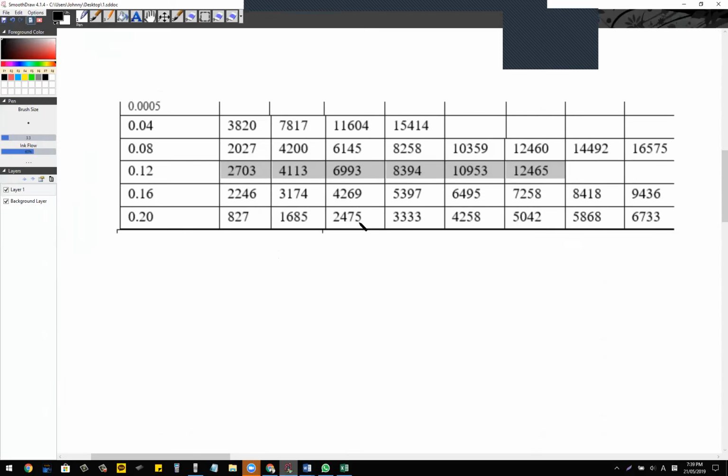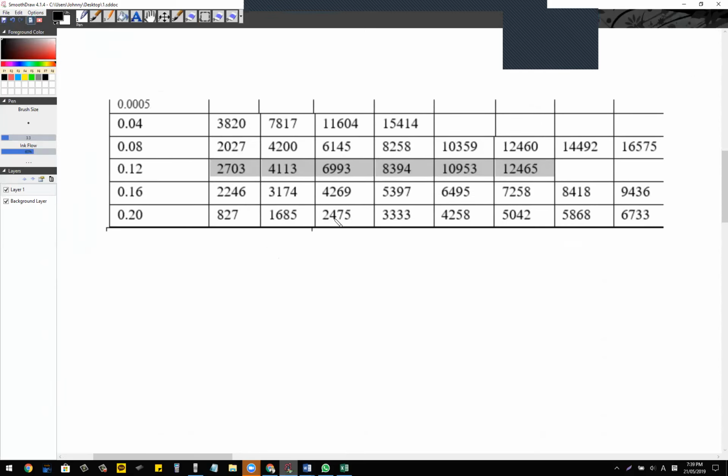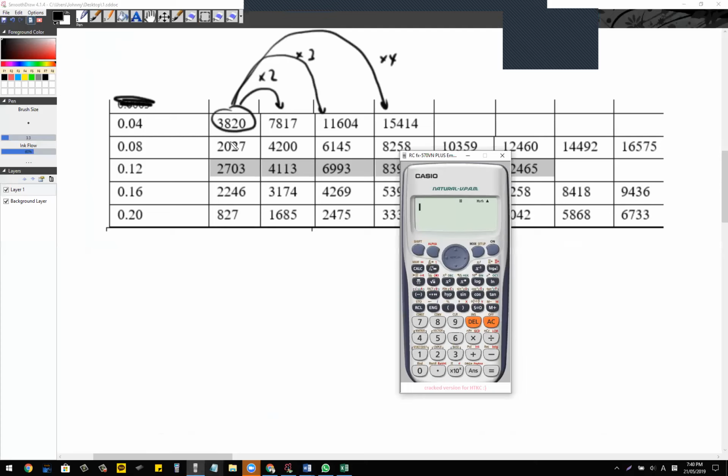So this is how you figure out whether it's a first harmonic, and second, etc. You see how this times by 2 is about that, right? This times by 3 is about that. This times by 4 is about that, isn't it? And that's how you know this is the first harmonic. 3820 times by 2.